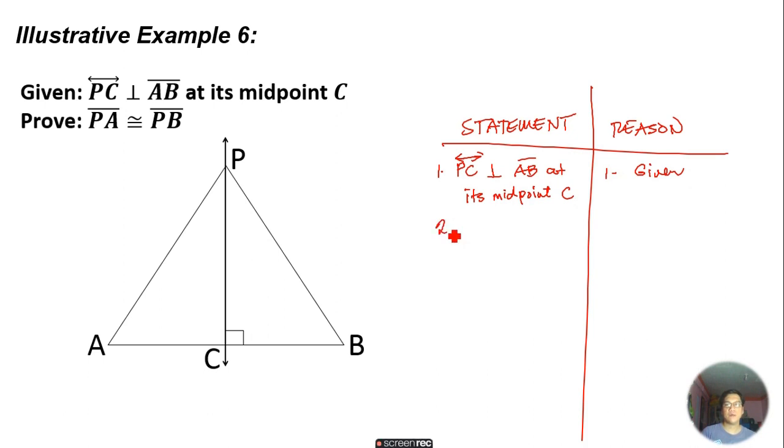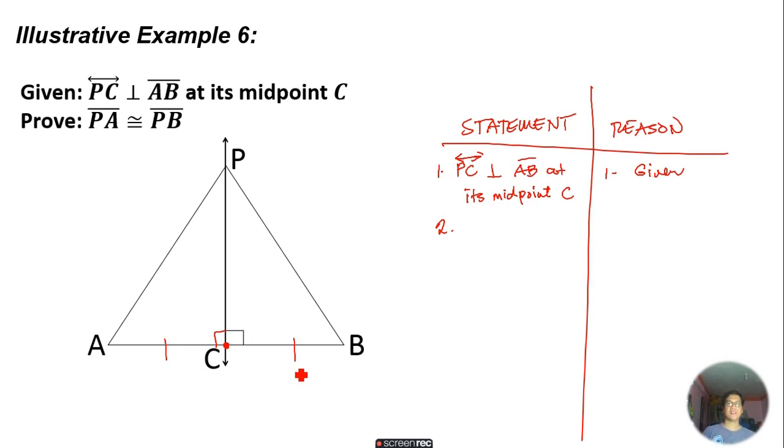Number 2. Based from the clue, we need to go to the figure and mark the triangles according to the clue. If PC is perpendicular, we know that we have two right triangles that are congruent. At its midpoint C, if this is the midpoint, we are sure that these are congruent.